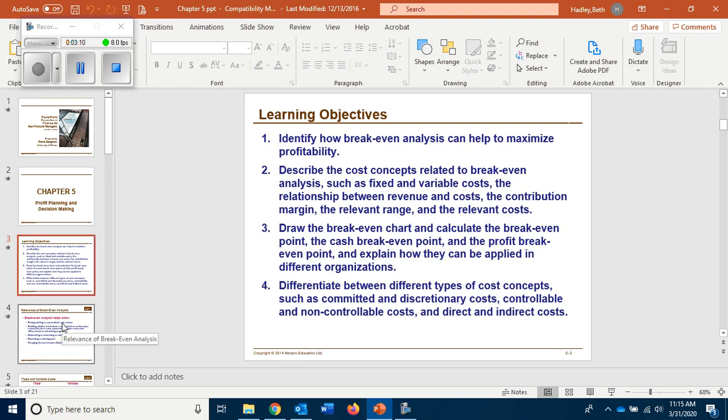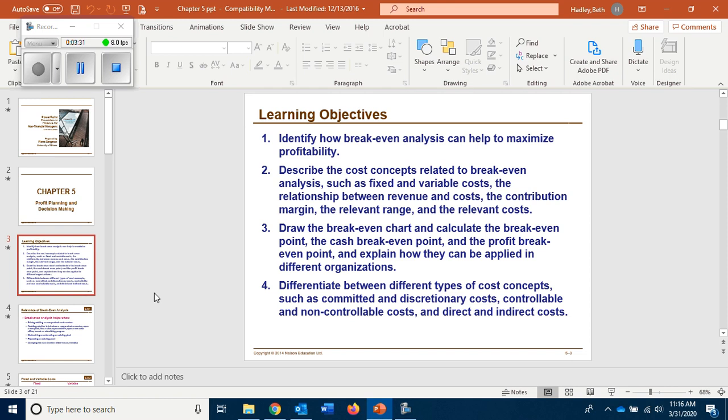If you want to read over the learning outcomes for the chapter, it's mostly talking about break even and how to do an analysis. And if you look at number 2, it's talking about fixed costs and variable costs. Well, variable costs are like your cost of goods sold.